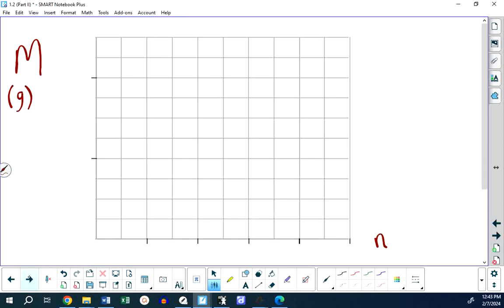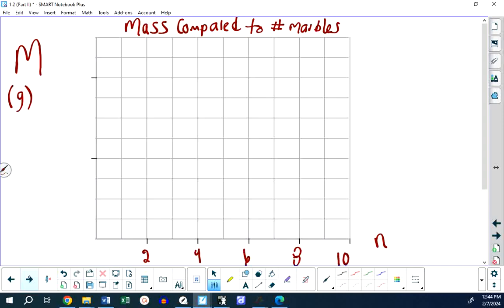The title is mass compared to number of marbles. And looking at the bottom axis, I think this works out beautifully. 2, 4, 6, 8, 10.